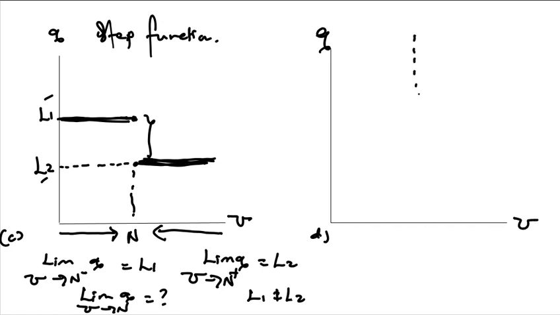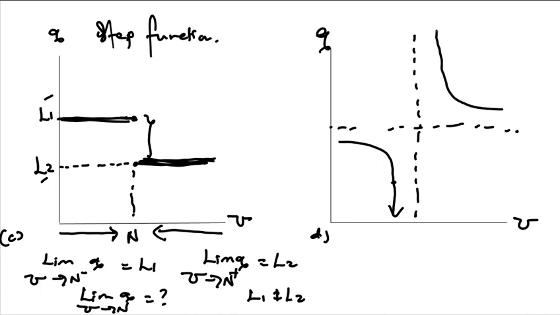Let's say I divide the first quadrant into 4 smaller quadrants, and in the bottom left we can have something like this, for instance. And in the upper right we can have something like this, for instance, and n is here, L is here.